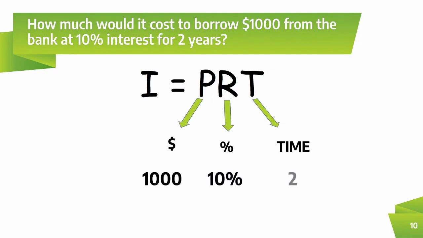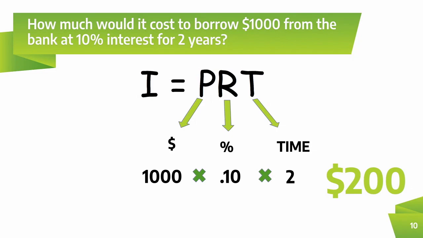The time, 2 years. Remember, we can't multiply percentages, so we have to turn 10% into a decimal. So 1,000 times 0.10 times 2. $200. So the interest amount that you would pay for borrowing $1,000 is $200.